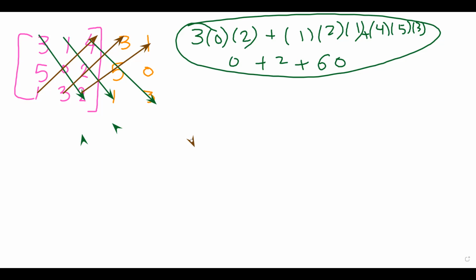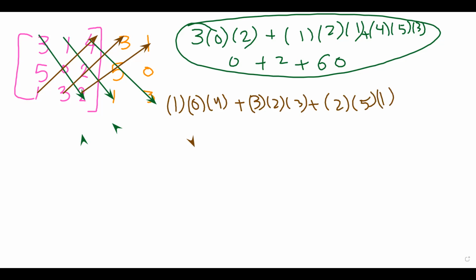After that, let's multiply them. 1 times 0 times 4 plus 3 times 2 times 3 plus 2 times 5 times 1. 0 plus 18 plus 10, 28.